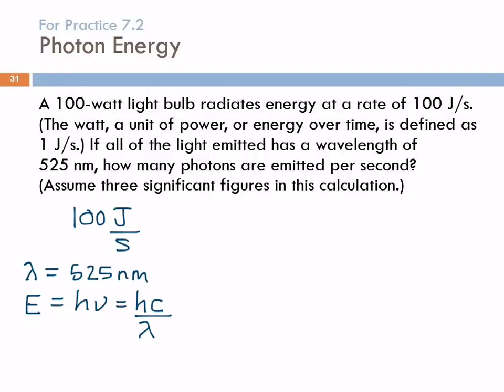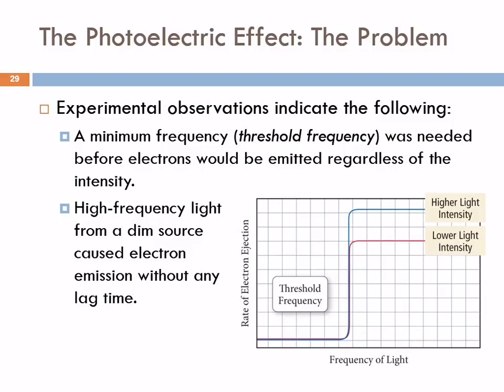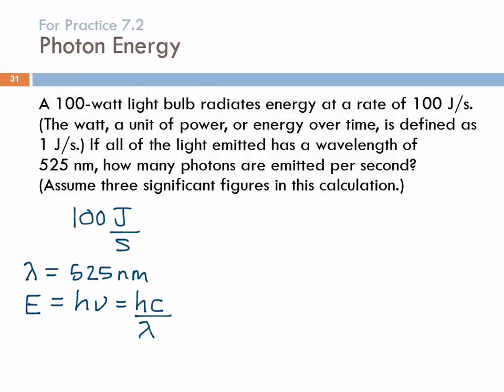I don't remember, it's 6 point something. 6.626 times 10 to the minus 34 joule seconds. H equals 6.626 times 10 to the minus 34 joules times seconds.